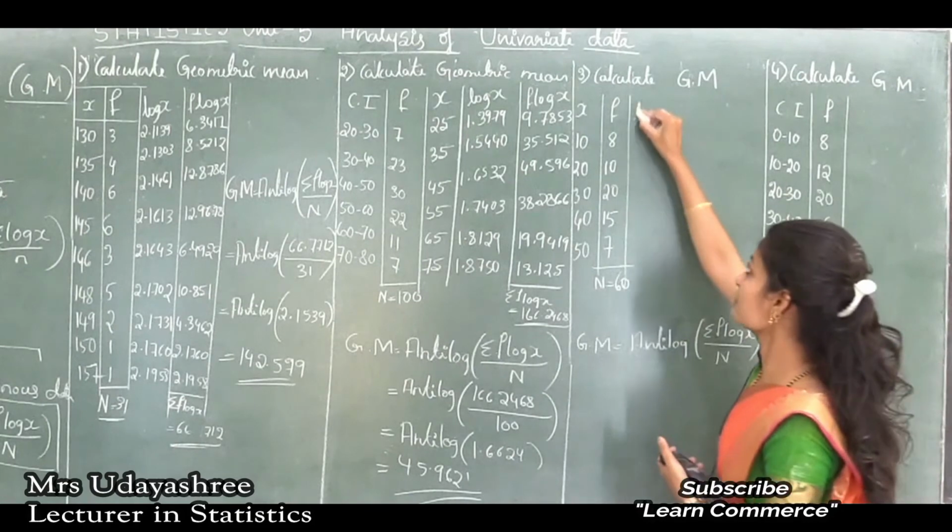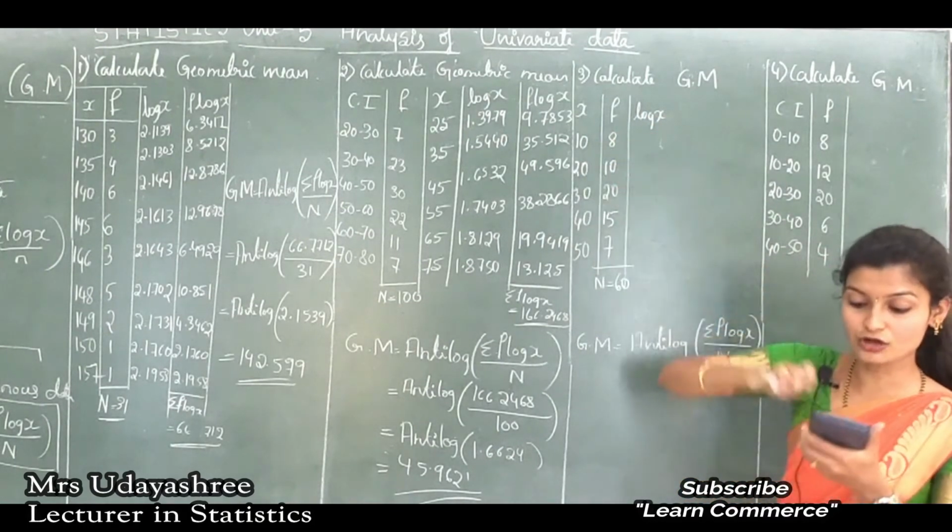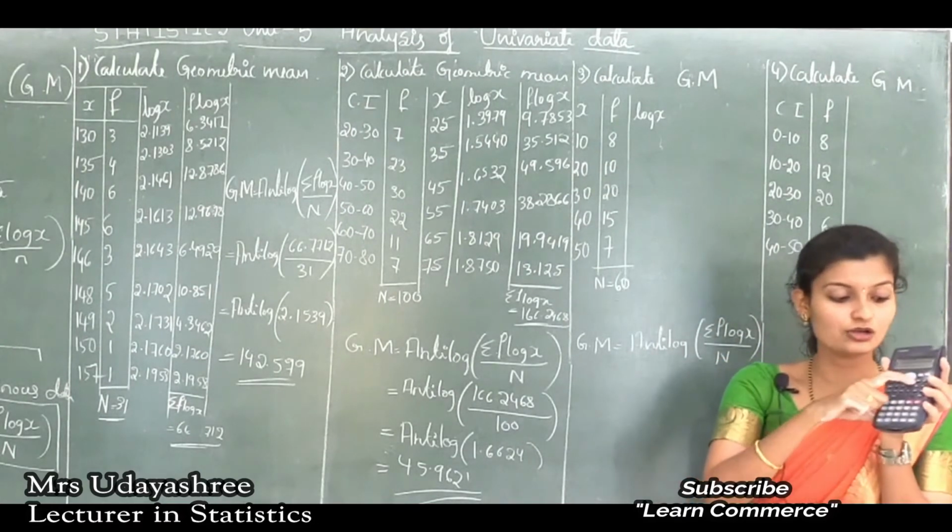So next column is log x. Here x is 10, so log 10. How to calculate? In your calculator the log term is there.